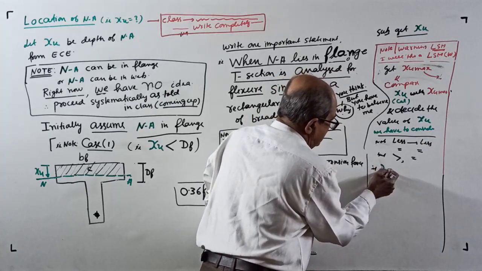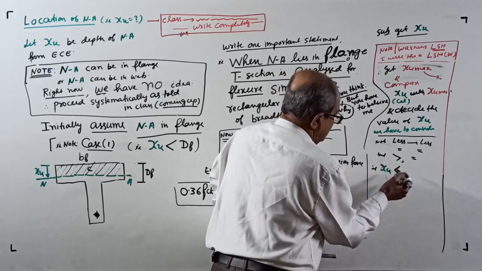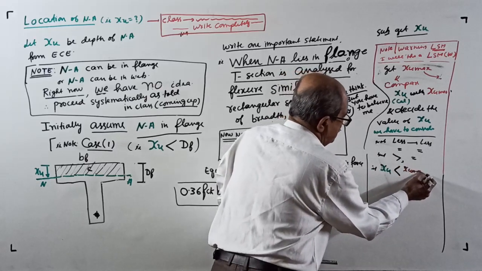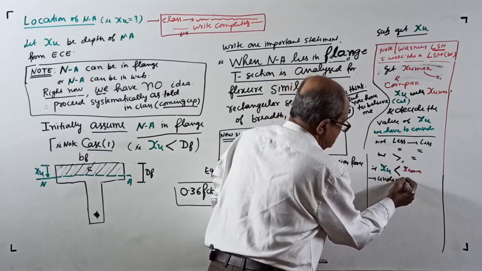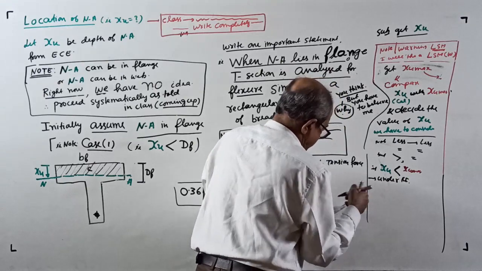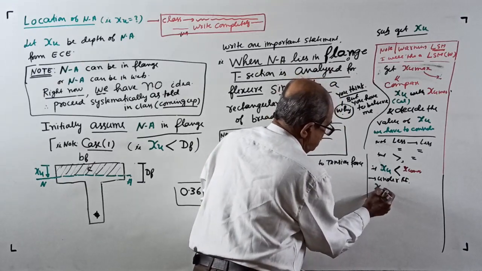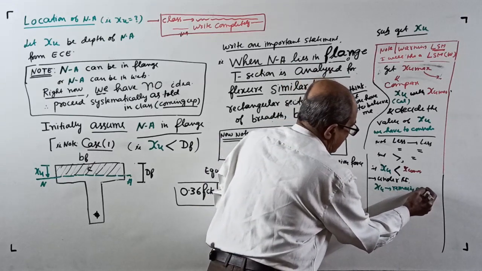If xu comes less than xu max, the cross section is under reinforced. That is, xu remains as it is.